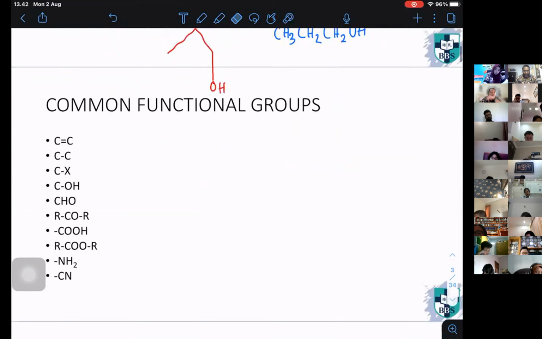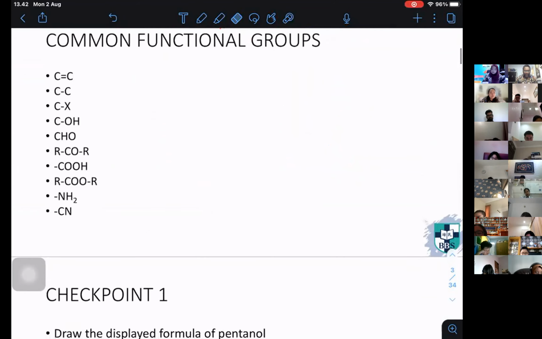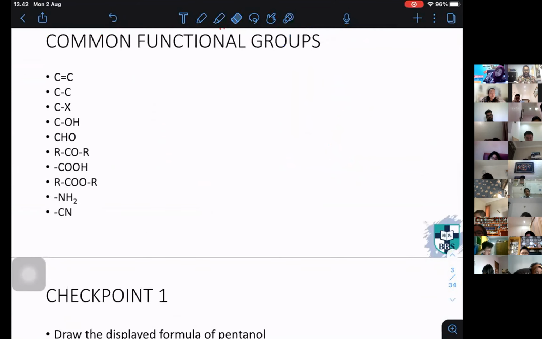Now, since I mentioned functional groups, for introduction to organic chemistry in AS, you need to know some of the common functional groups. I've written over here, what is carbon double bond carbon? This is going to be alkene.